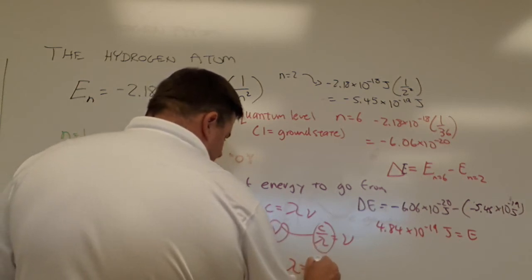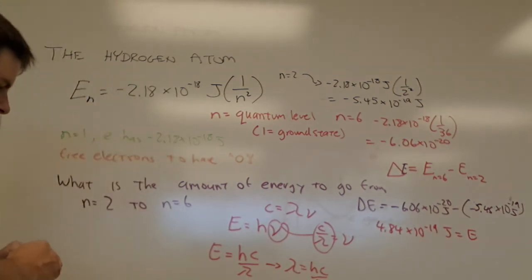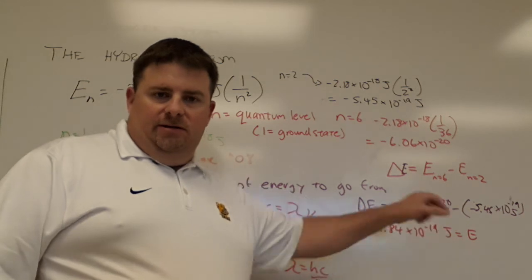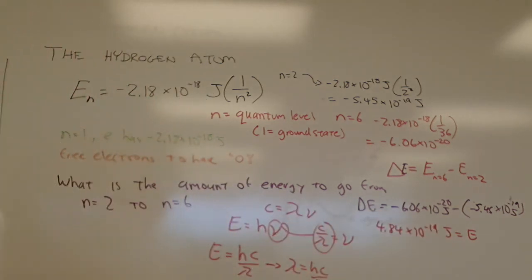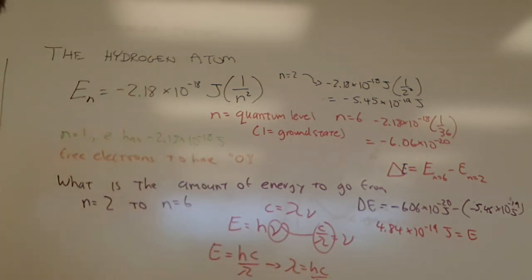So I get wavelength is equal to hc over E. So we know what the energy is, and we know what c is, and we know what Planck's constant is, right? Planck's constant is 6 point something something something. I've got to look it up.